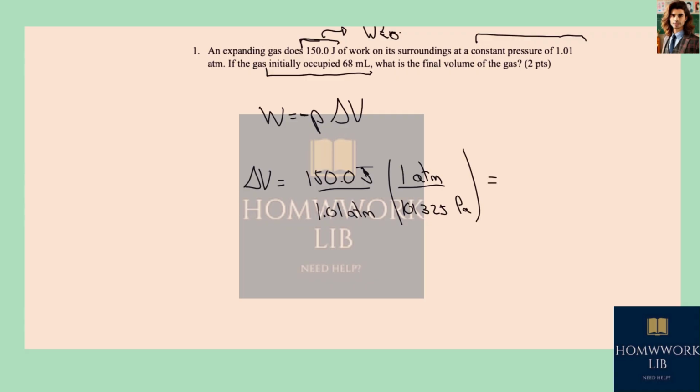Remember that a pascal is equal to a newton per square meter. Since joules is equal to newtons times meter, then joules over pascal is equal to newton meter over square meter, which gives us cubic meter.